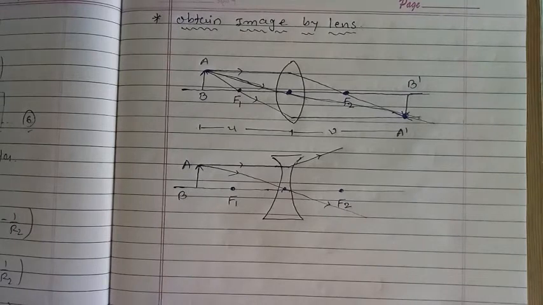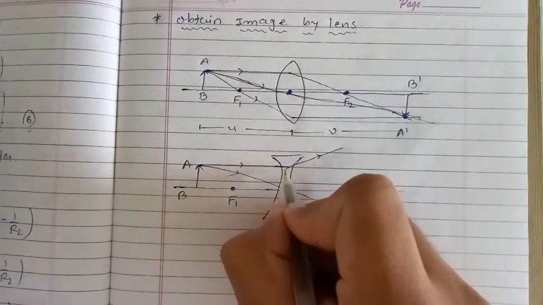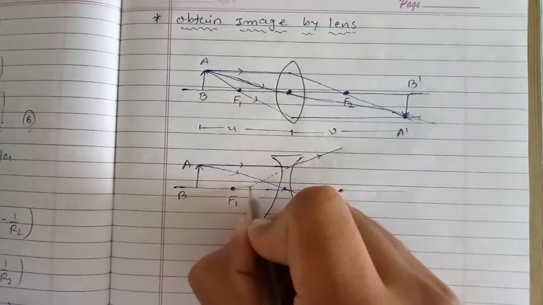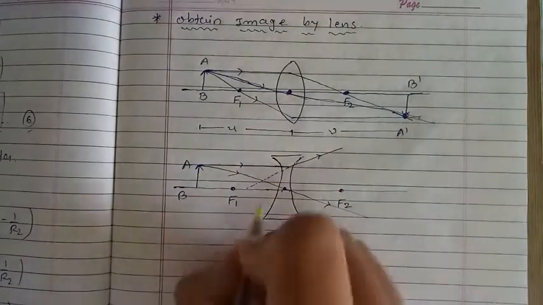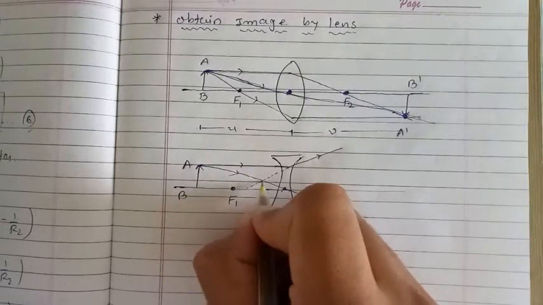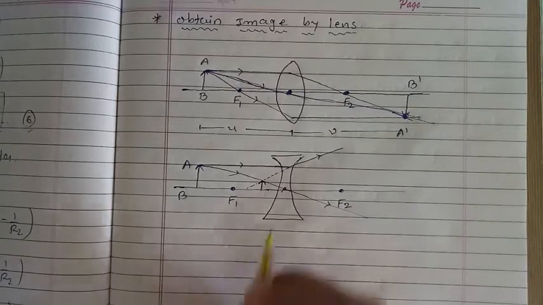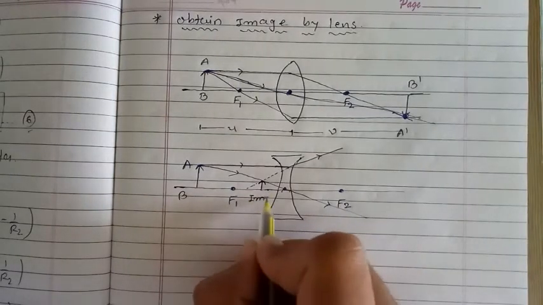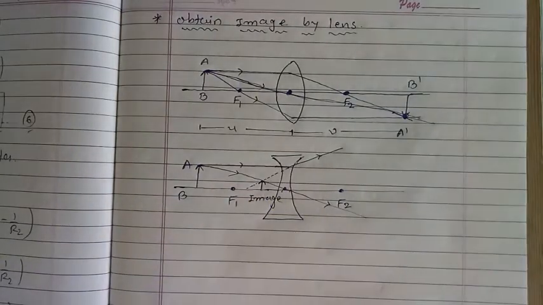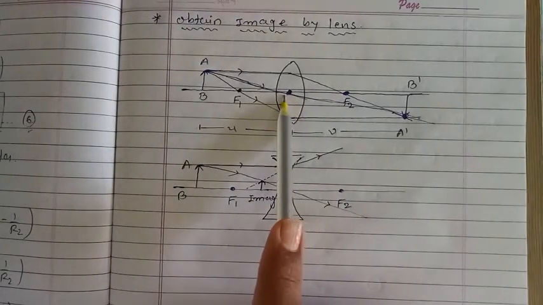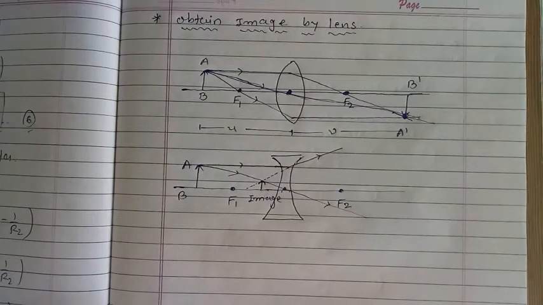If I take this ray like this, here we get an image of the object, right? So this is our image for the concave lens.